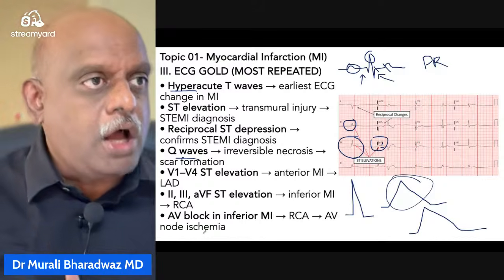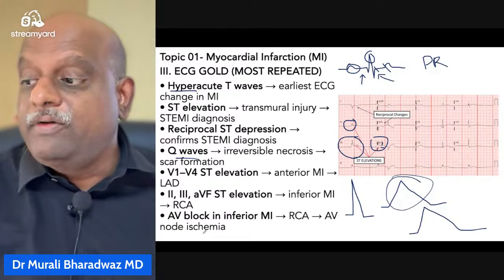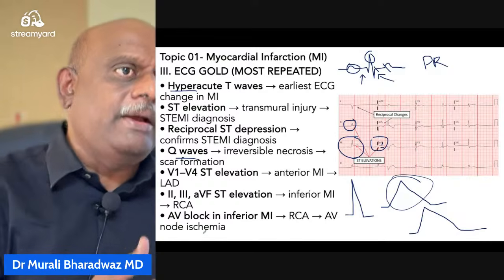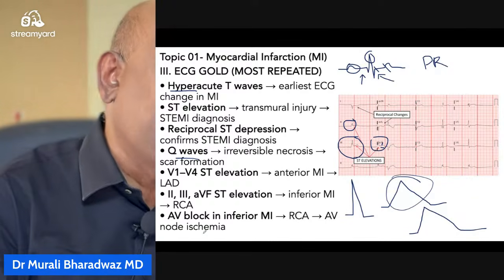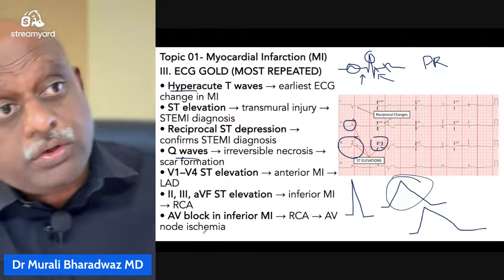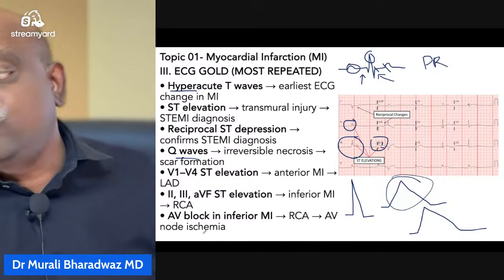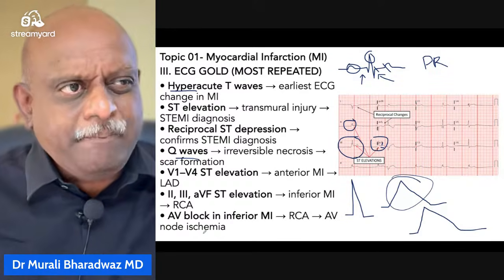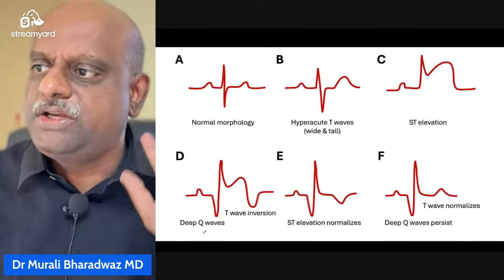So AV block is a typical feature of inferior wall MI, because the inferior wall is supplied by the RCA, which also supplies the AV node. Clear? These are the key points you need to know about the ECG in MI.